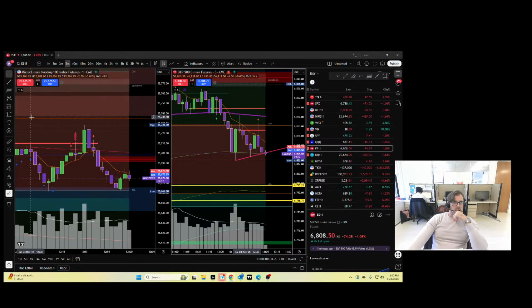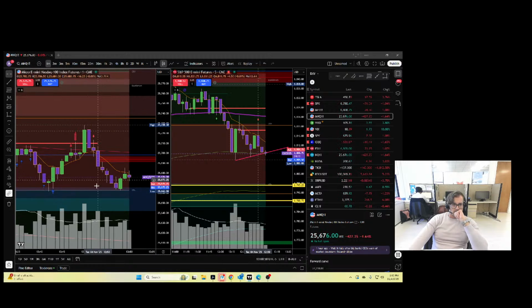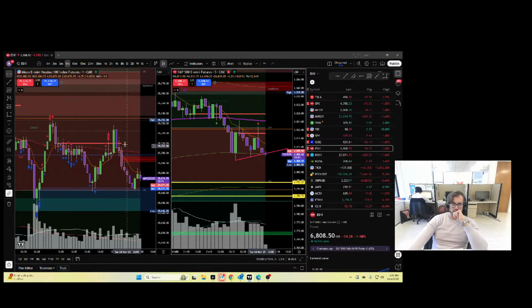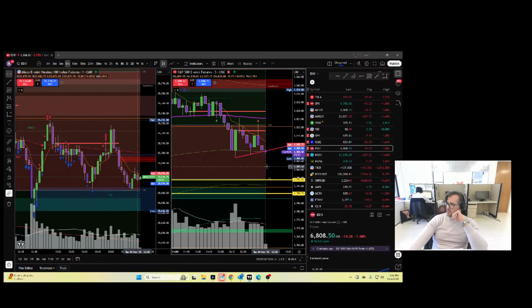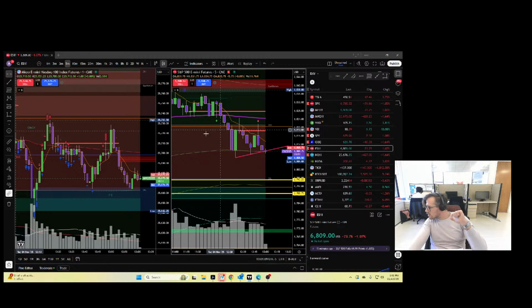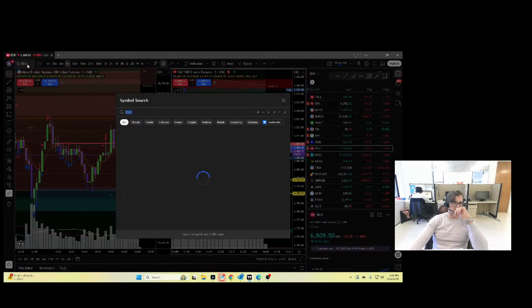All right, so this is NQ, this is ES. I was actually long and I exited at the top here. Long exited, long exited. So you want to look at NDX. All right, let's look.